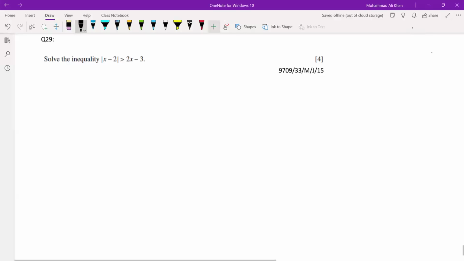Question number 29. It's of modulus function. May June 15, paper 3. Squaring both the sides.